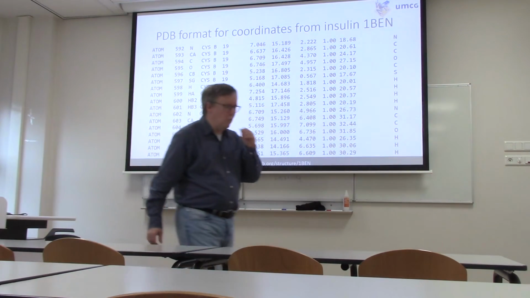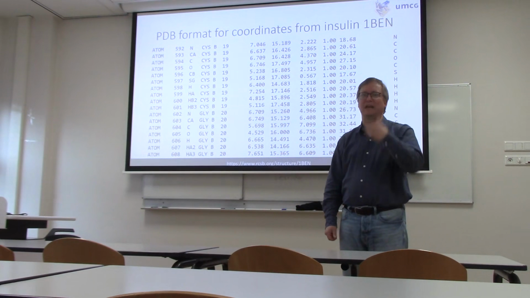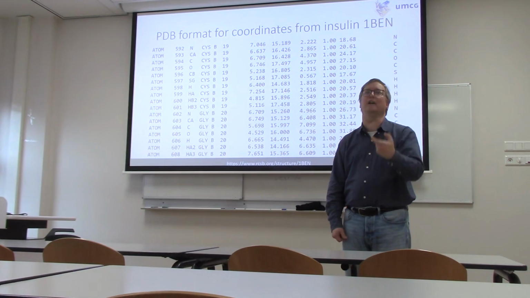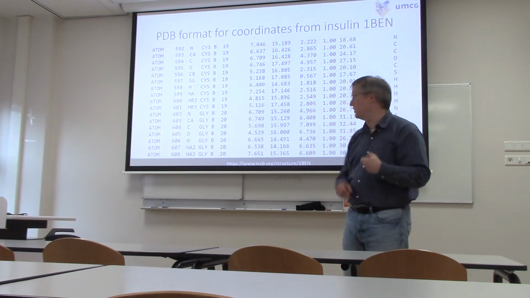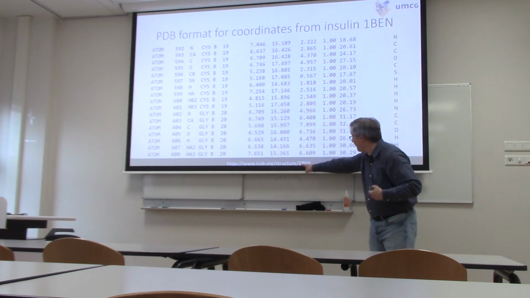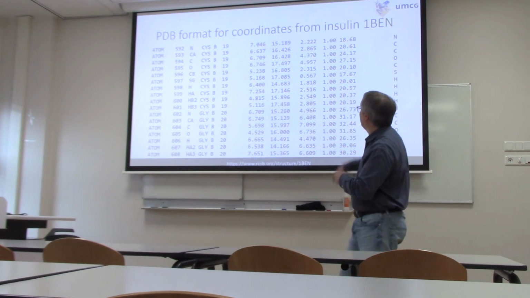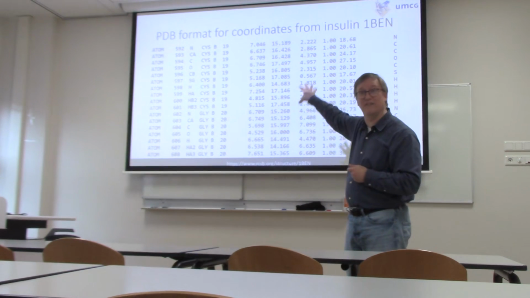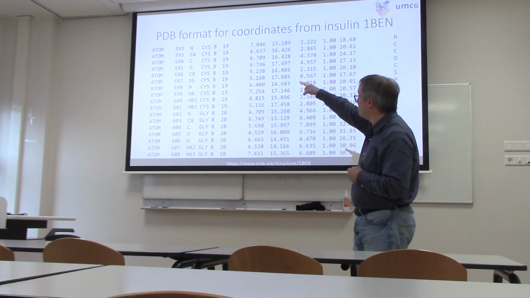So, what do you get if you go to the Protein Data Bank and download a PDB file? A PDB file is all the information relating to one of these 4-digit accession codes. Here I've grabbed a structure for 1BEN, and I've grabbed out just a very, very small part of the PDB file that results. These are atom lines.